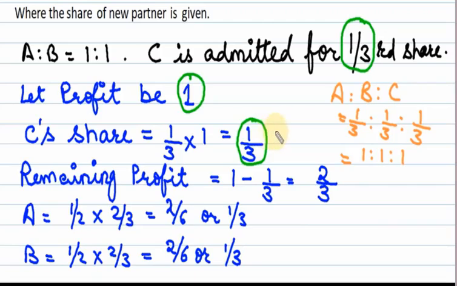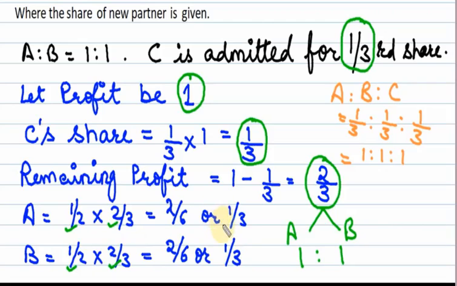Once the share of new partner has been found, we will find the remaining profit and we will divide it among the old partners in their old ratio, that is 1/2, 1/2 of the remaining profit, which came to be 1/3, 1/3, and then their new ratio. Hope it is clear to you.